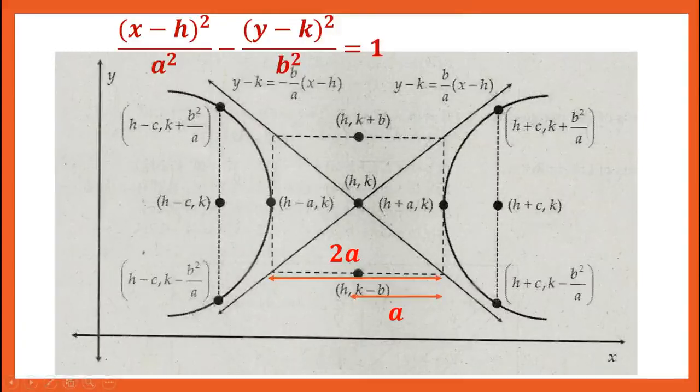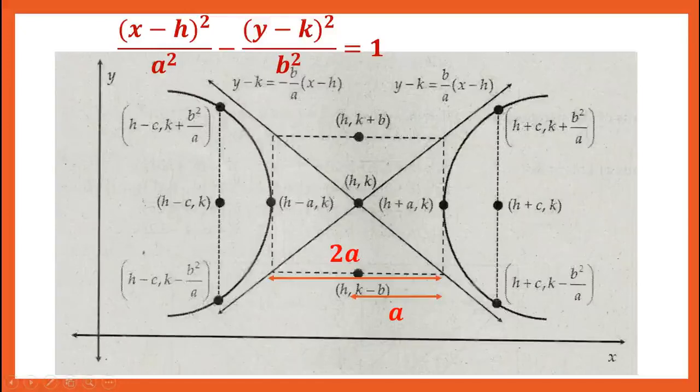And the distance from the center to one of the vertices is a. So, to get the coordinates of our vertices, we're just going to add or subtract a from the abscissa of our center. And the vertical distance is the same, which is k.